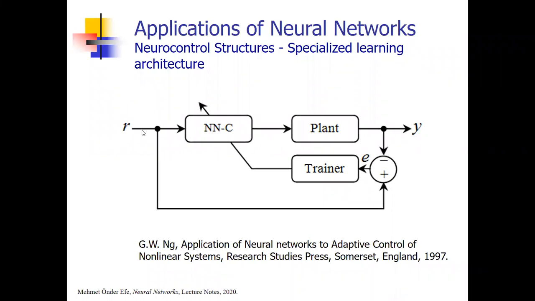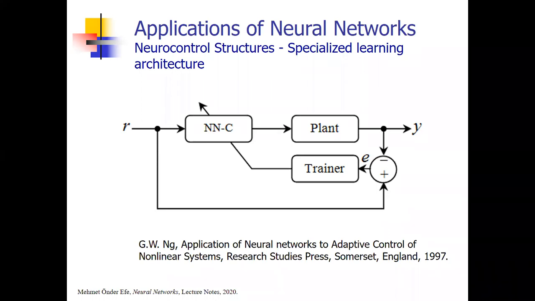And that is the specialized learning architecture. In the specialized learning architecture, you know the region where your control signal is. Basically, without closing the loop, it is difficult to predict beforehand where this control signal should be. I mean, is it between -1 and +1? Is it between -100 and -50?